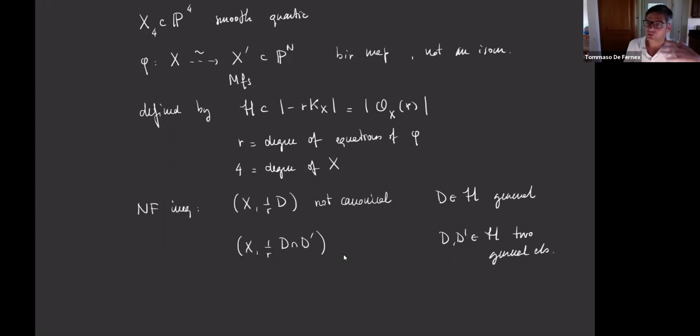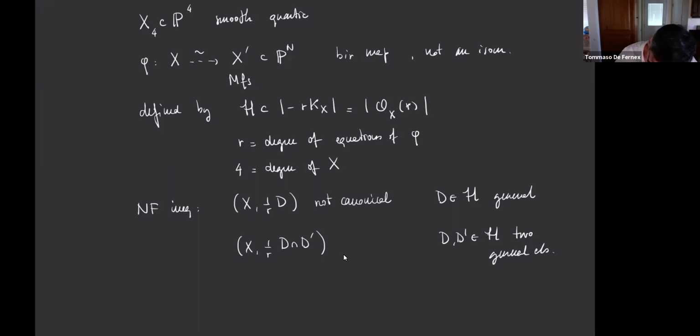Because the variety is normal, every rational map defined on a normal variety will be a morphism in codimension 1. So the indeterminacies of the map are in codimension 2. This is the same thing as saying that H as a linear system is going to have a base locus, but this base locus is in codimension 2 or higher. So it's a movable linear system.